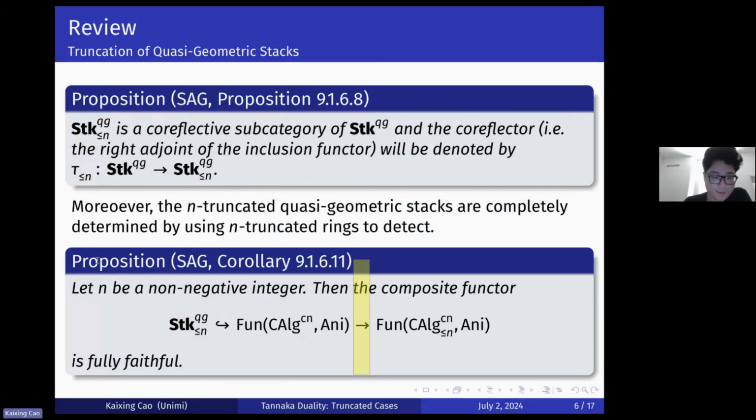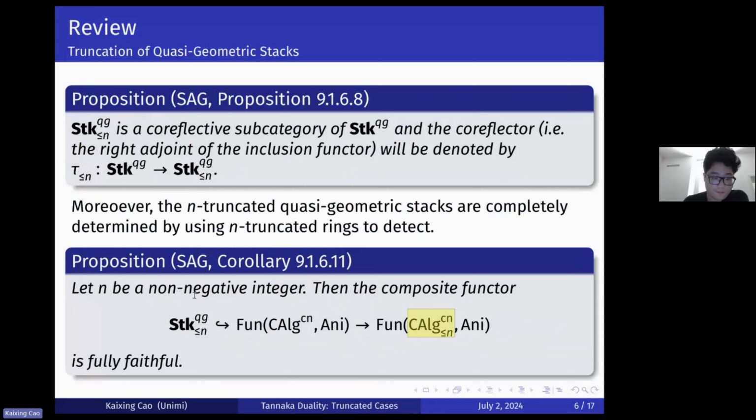This proposition tells us that the composite functor is fully faithful. So in particular, for an n-truncated quasi-geometric stack, we don't need to detect it by all the connective commutative algebra spectra. Instead, we only need to detect it by n-truncated ones.